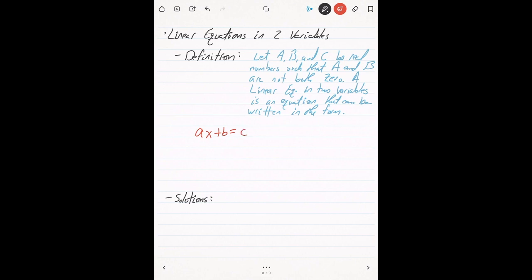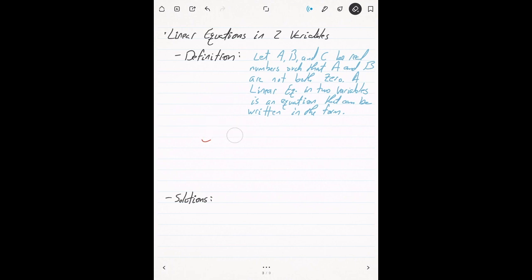Basically, these are all real numbers, and this is your variable. And we said don't let a be 0.